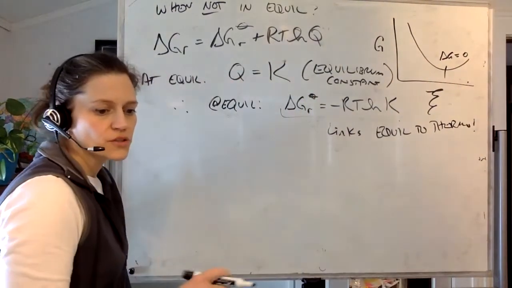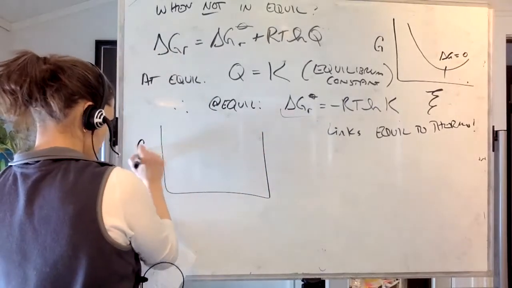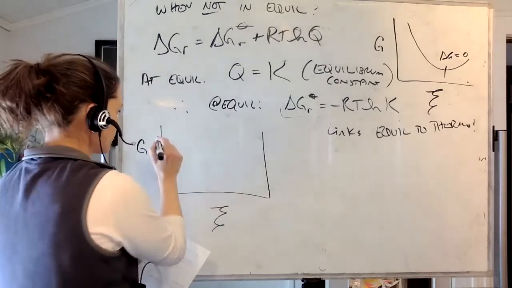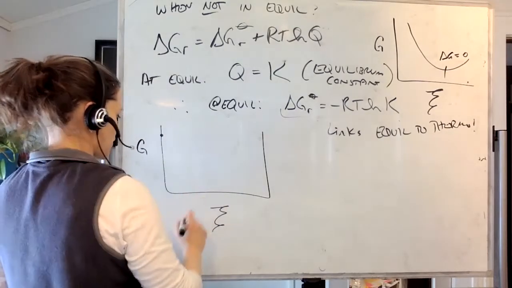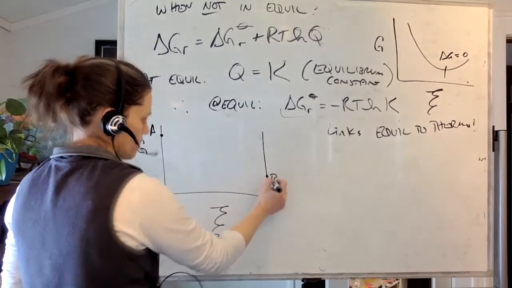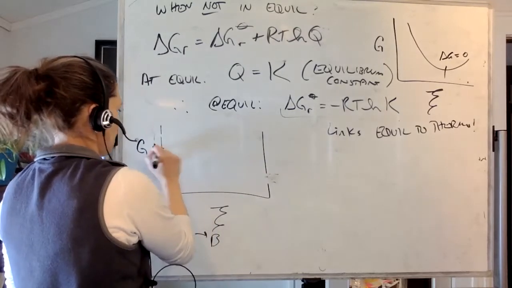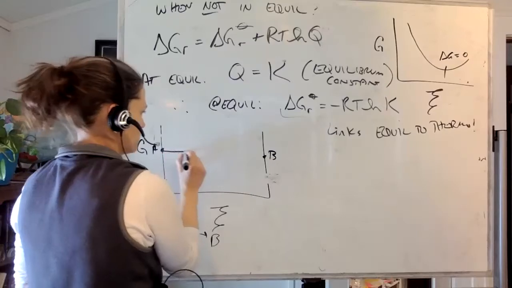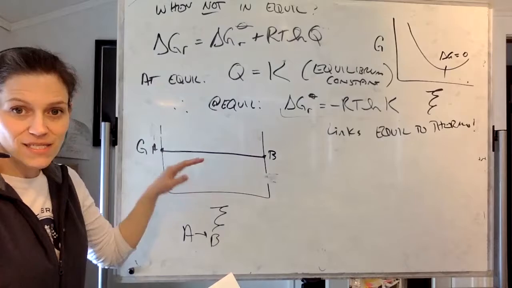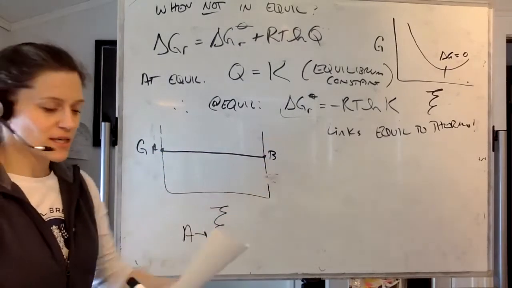All right, so we have two cases. Here I've got G with respect to the extent of reaction, and let's say this is for A goes to B. So I've got pure A, and over here I've got pure B. If equilibrium is continuously maintained throughout this, and A and B are basically the same thing, you're going to get something like this.